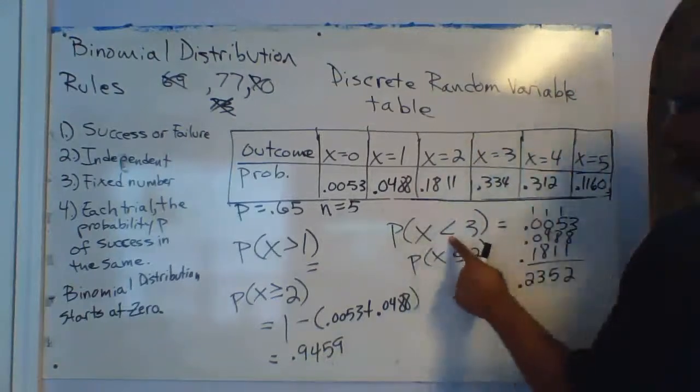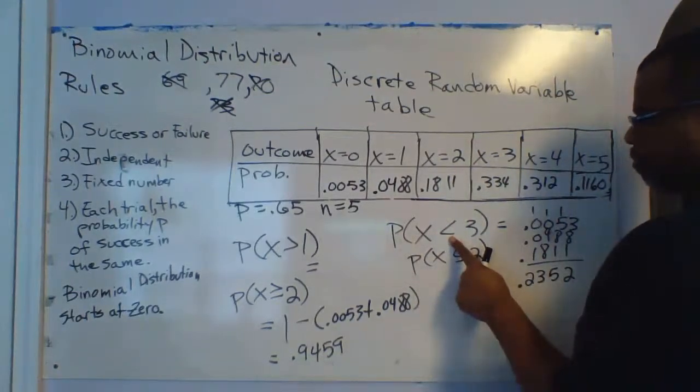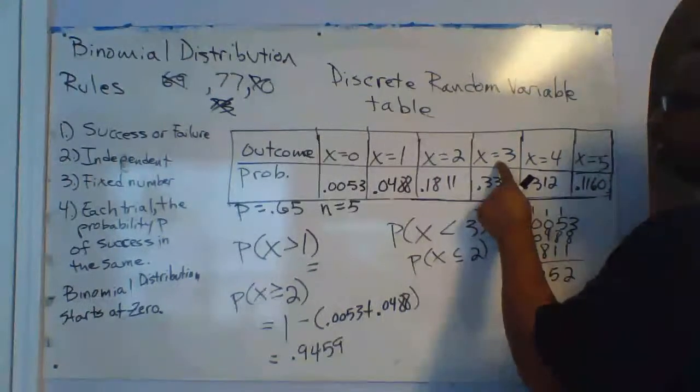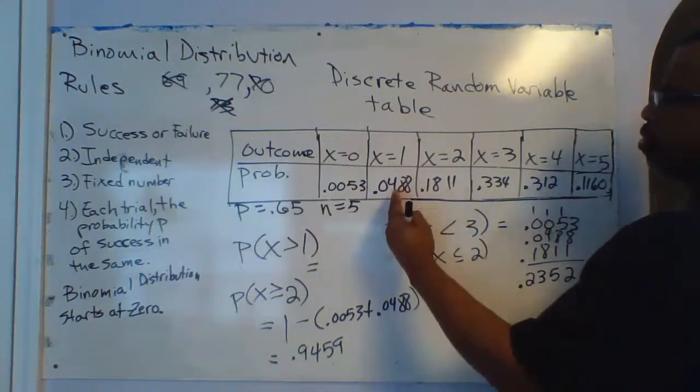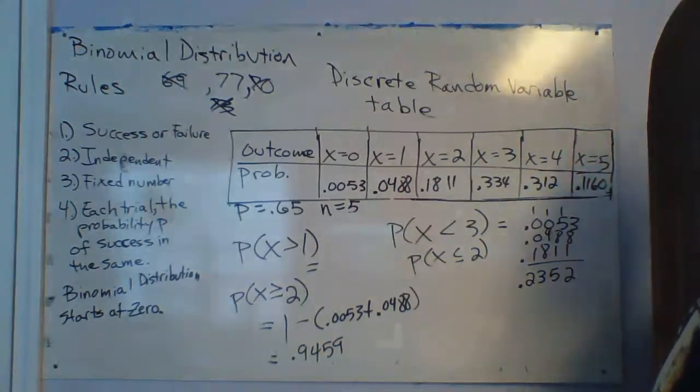Now, if we're looking for x is less than 3, we can't include 3 because it's mutually exclusive. So we can only do 2, 1, and 0.